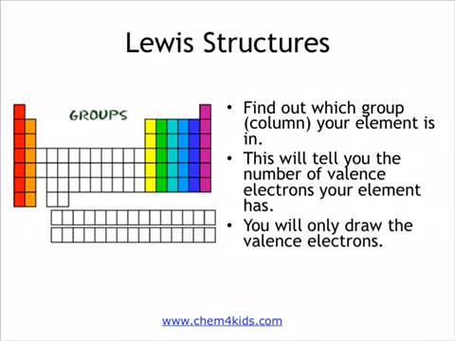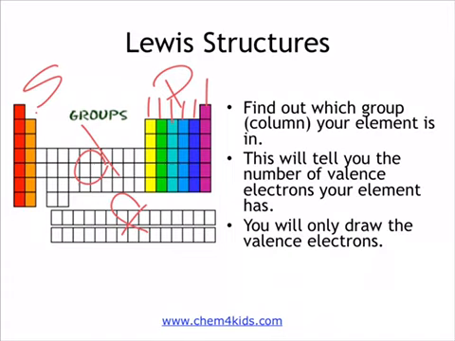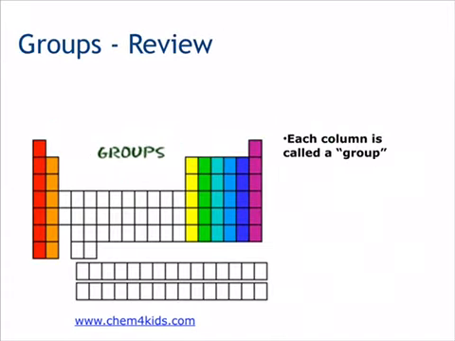On the periodic table, we have the S section, the P, the D, and the F. If we focus on just the S and P sections and count the columns, we have 1, 2, 3, 4, 5, 6, 7, 8 columns, and we often refer to those elements as the representative elements.